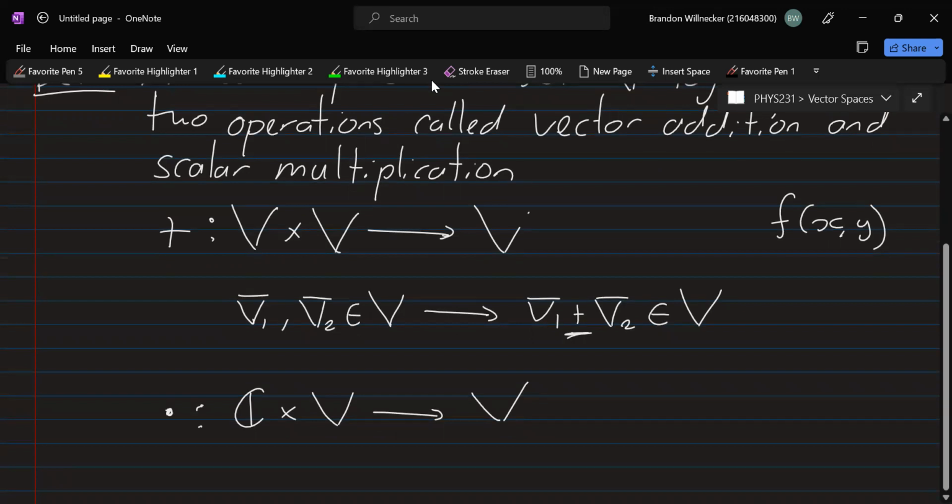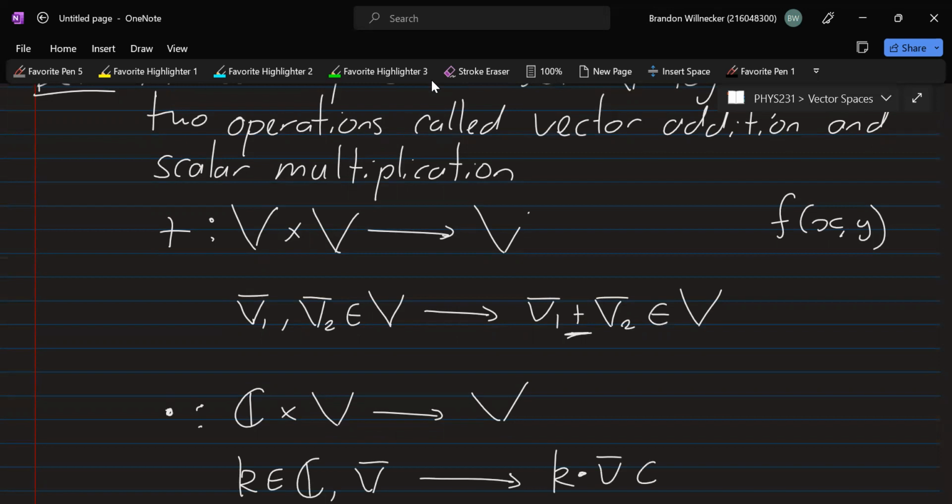Well, we take a complex number, let's say K, and we take a vector V, and we send them to K times V. And this is again an element of our vector space V. Okay, so K we call the scalar, and we do this scalar multiplication.